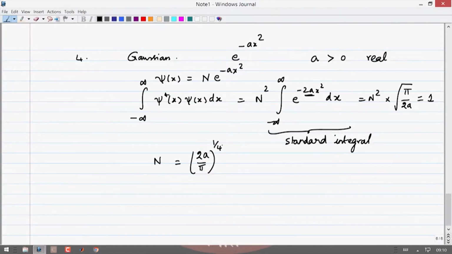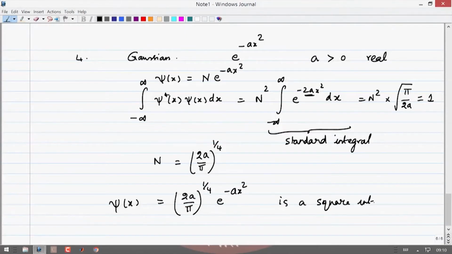So, the wave function psi of x is equal to 2a by pi to the 1 by 4 e to the minus ax square is a square integrable wave function over the entire x axis, the real axis, minus infinity to plus infinity.